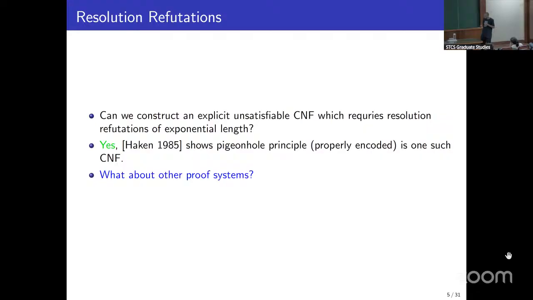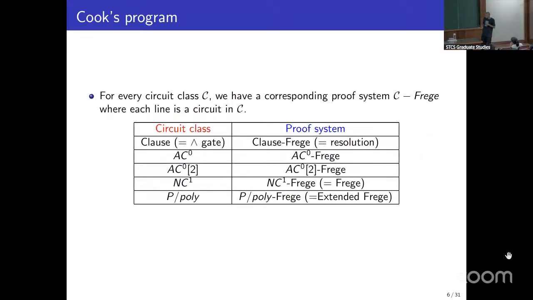Now, what about other proof systems? There are proof systems that are stronger than resolution, and I will describe some of them. Now, without going into too much detail, for every circuit class C, there is a proof system called C Frege, where every proof line is a circuit which is a member of C. So in resolution, every proof line, as in every new thing that you derive, is a clause.